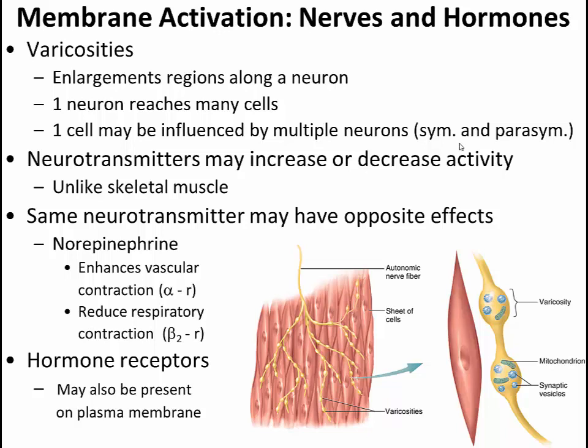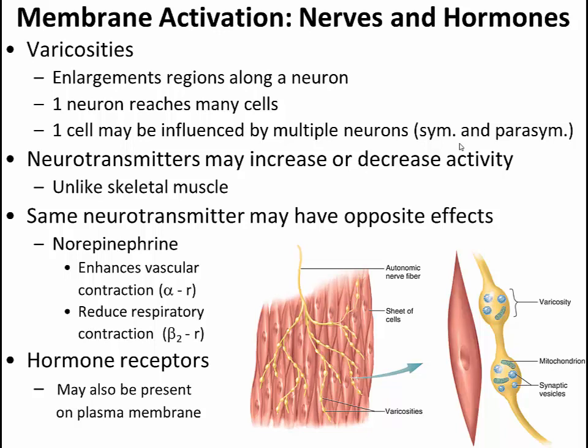This, of course, is adaptive because it allows the constriction of blood vessels around the gastrointestinal tract, reducing blood flow to those areas in response to a fight or flight response. But it allows relaxation of the airways, and so more air makes its way into the lungs in response to that fight or flight response.